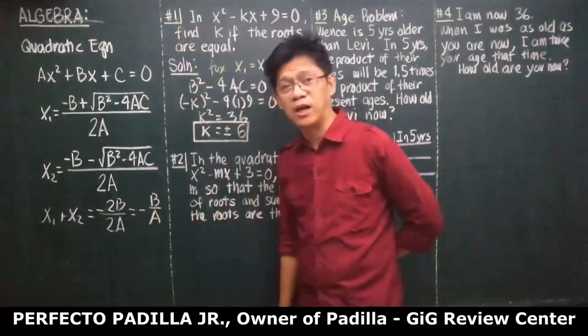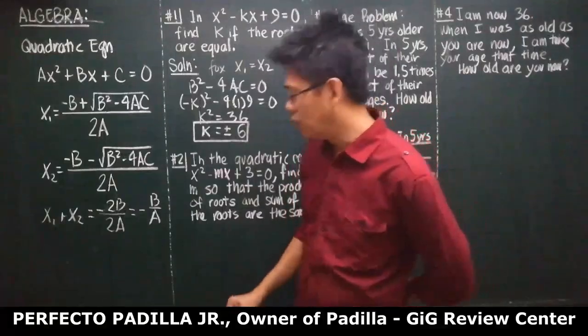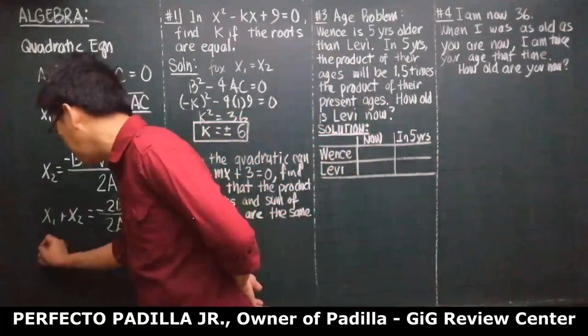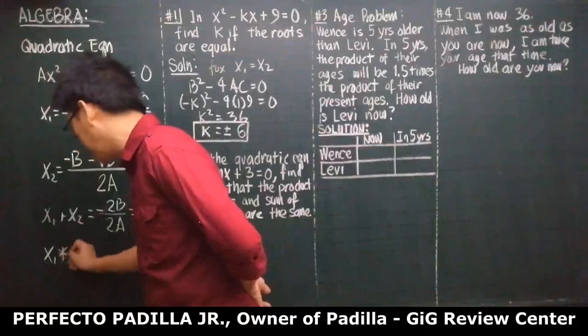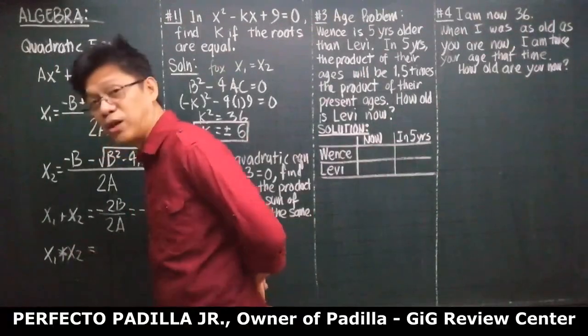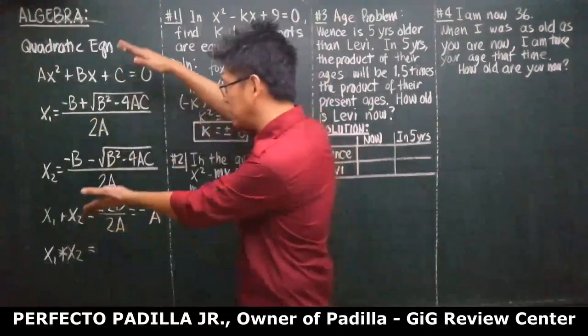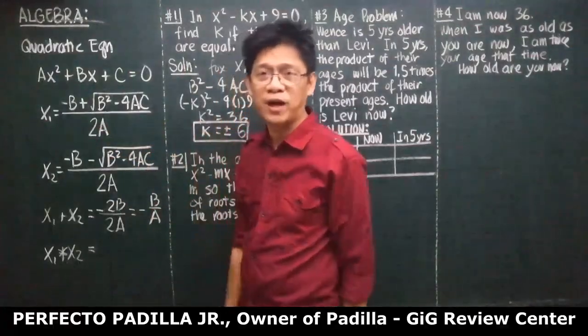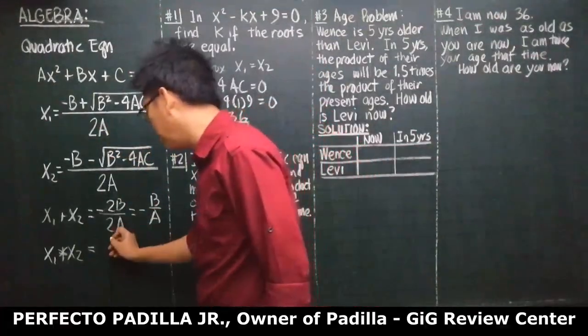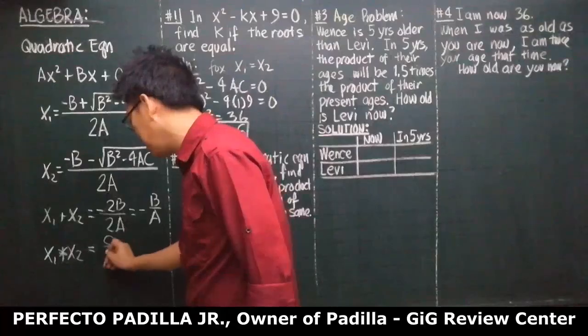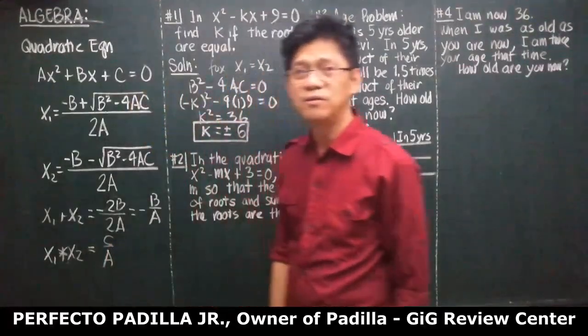This is the formula for sum of roots. And also, for product of roots, x1 times x2, hindi ko na i-derive yung product of roots, ha? Pagka minultiply mo yan and then sinimplify mo, ang makukuha mong formula will be c over a. You follow?